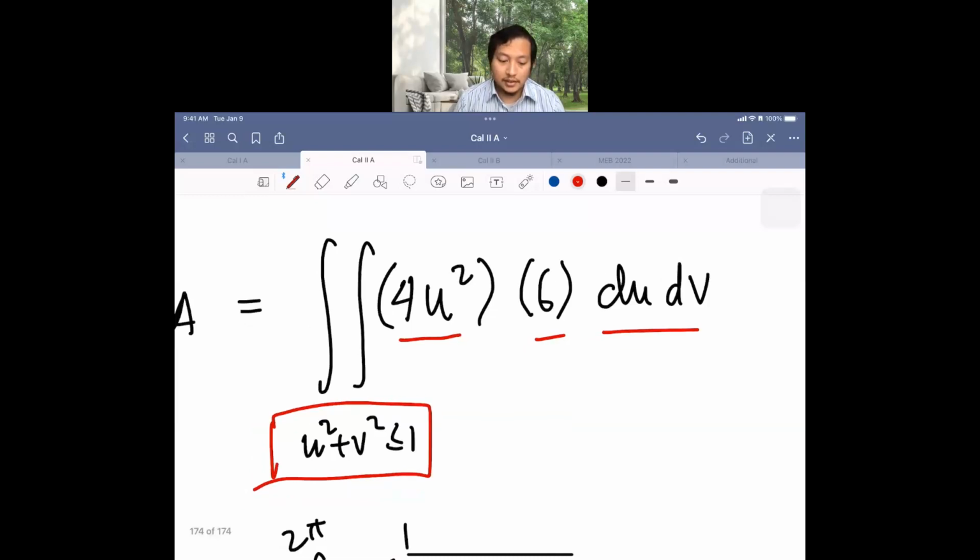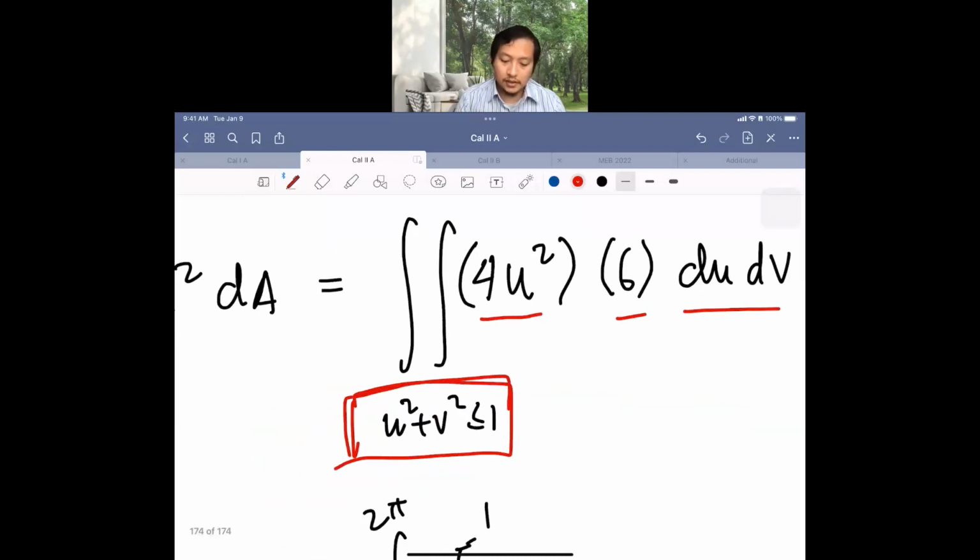Now next, since our double integral is described by a circle, how do we integrate easily if not with polar?